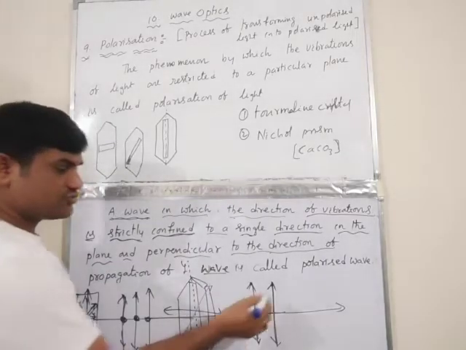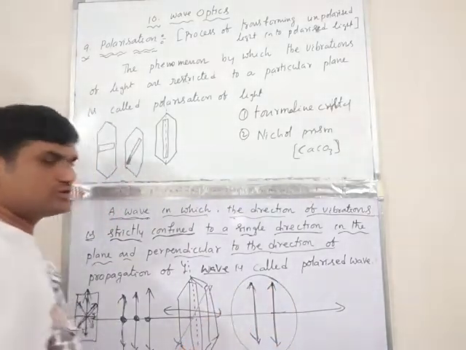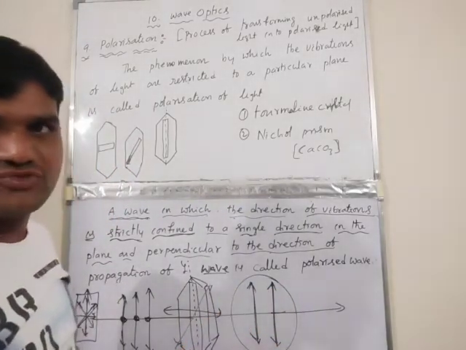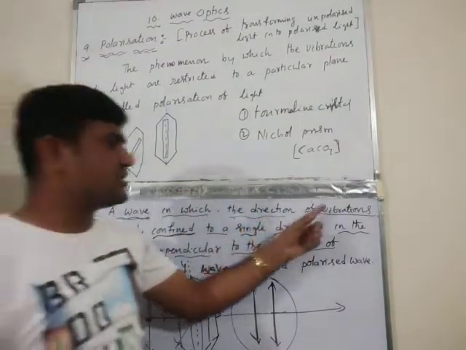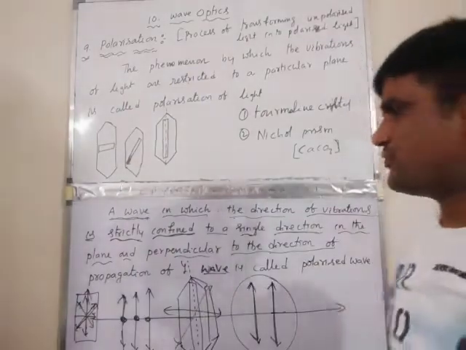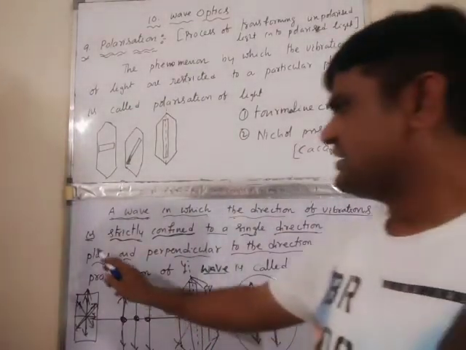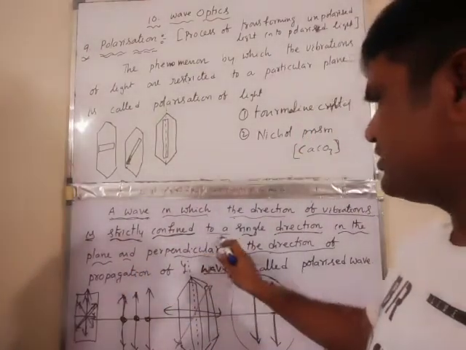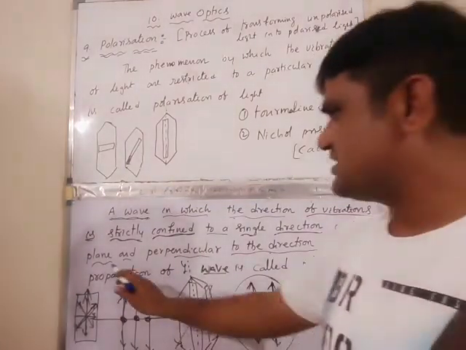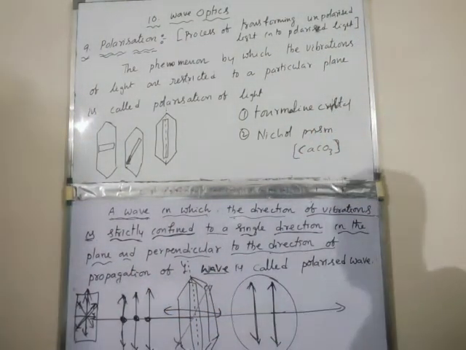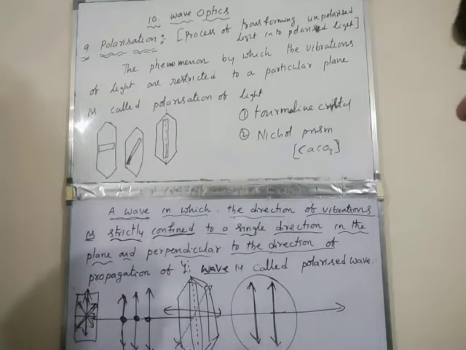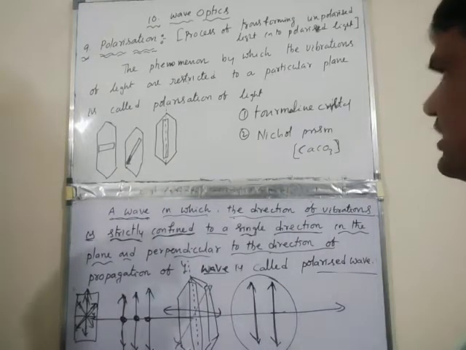These waves are called polarized waves. Right? The definition: a wave in which the direction of vibrations is strictly confined to a single direction in the plane perpendicular to the direction of propagation of the wave is called a polarized wave.